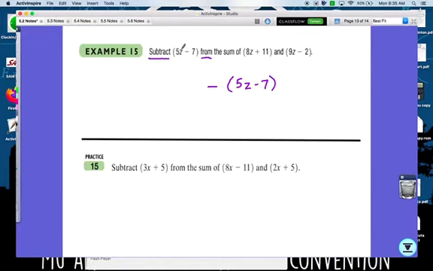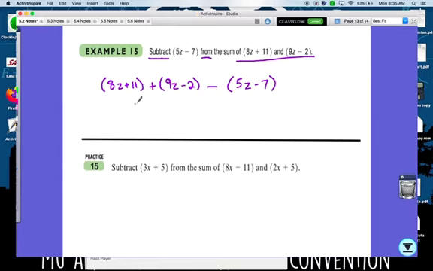When you see subtract from, you're going to switch the order. So I'm going to subtract that from the sum of these two. So I'm going to say 8z plus 11 plus 9z minus 2. I'm going to sum those two together and then subtract the 5z minus 7.